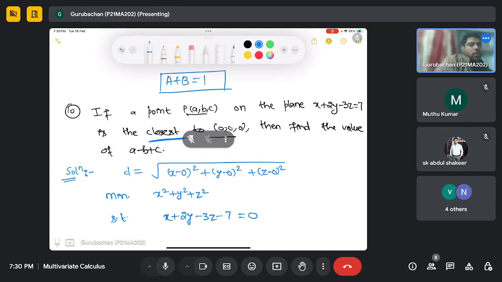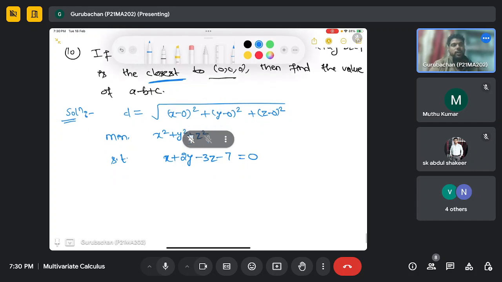Now we know what is f(x,y,z), we know what is g(x,y,z). Now we have to apply the Lagrange multiplier to calculate this a, b, and c.